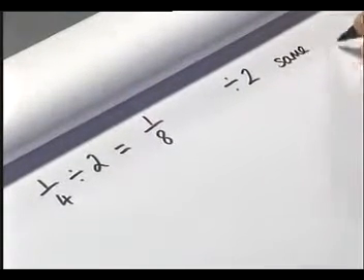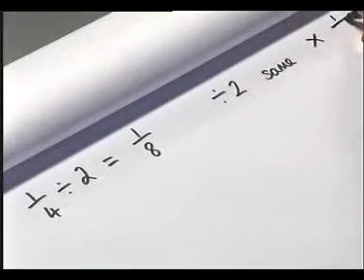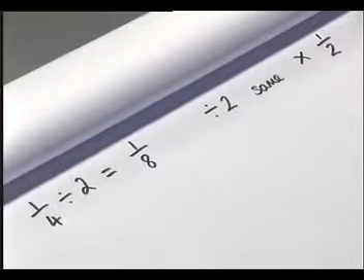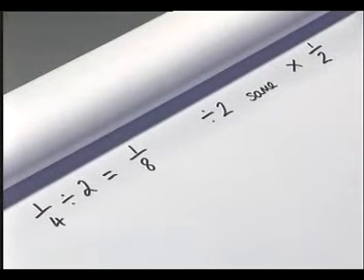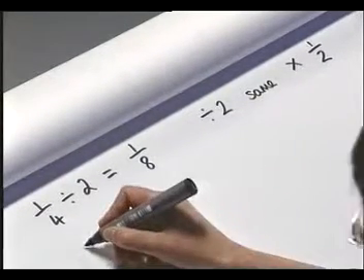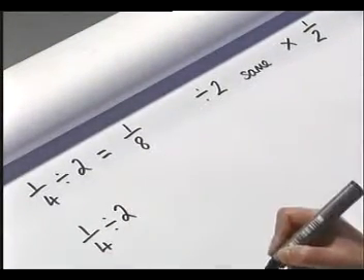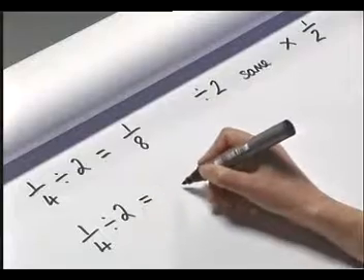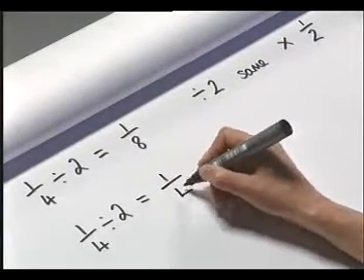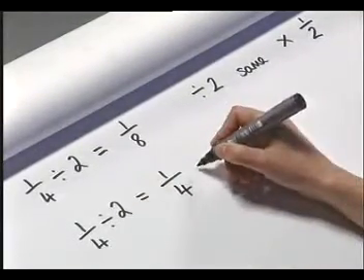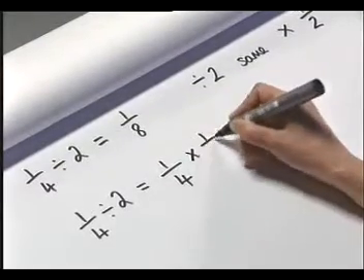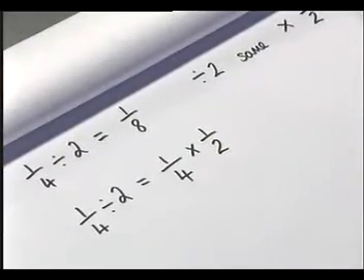Now, dividing by 2 is the same as multiplying by a half. So a quarter divided by 2 is equal to the same as a quarter multiplied by a half.